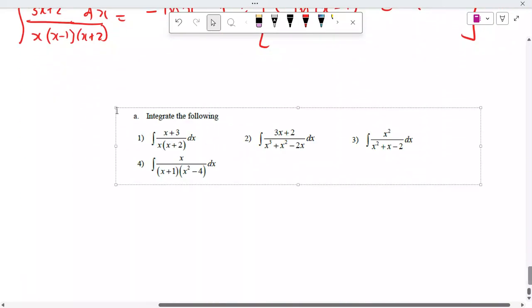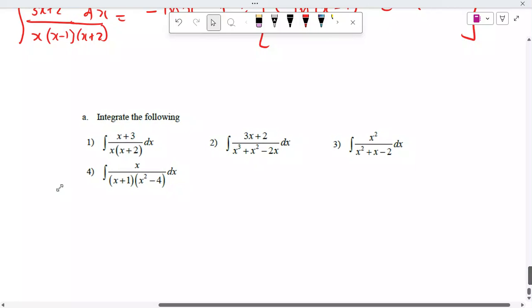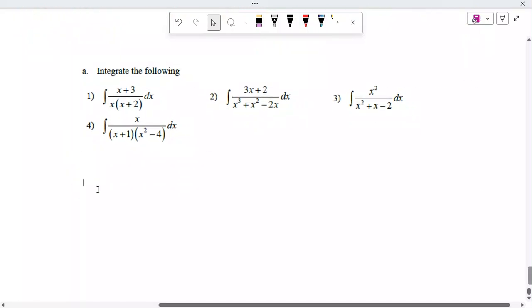We managed to solve questions 1 and 2. Now we go to 3 and 4. Let's see how we solve parts 3 and 4.